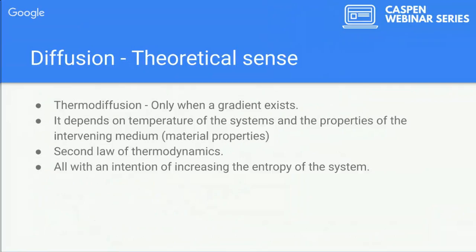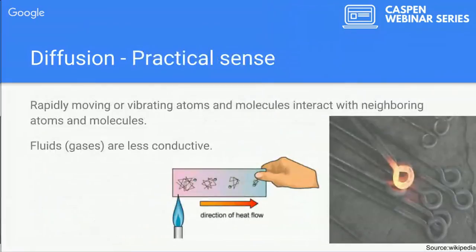Now that you've understood the physical sense of it, the material which you're heating consists of.